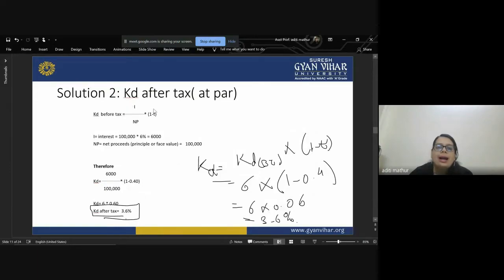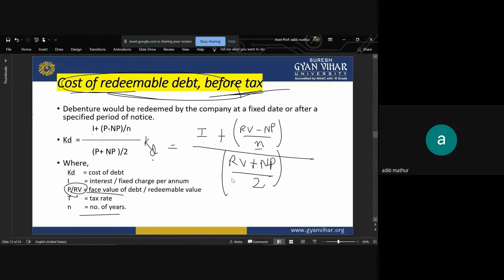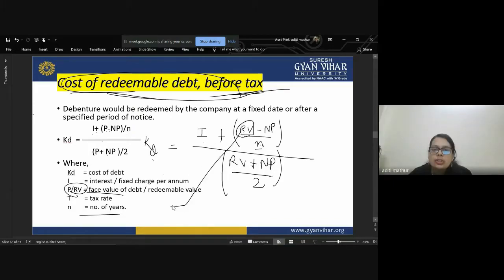Then the cost of redeemable debentures before tax, the formula is KD is equal to I plus RV minus NP divided by N, whole divided by RV plus NP divided by 2. Here RV represents your redeemable value and N is the number of years after which your debenture will be redeemed.